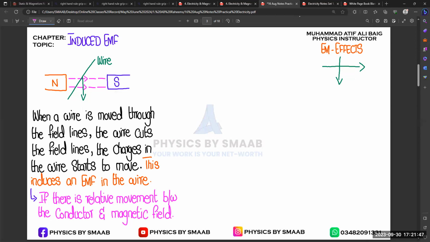So when we are talking about the movement of the conductor and the magnetic field, or their relative motion, then we are going to get the concept of induced EMF, right? Otherwise not. When we are working with direct sources like a battery cell or power supplies, that will give you the concept of normal electric current, right?